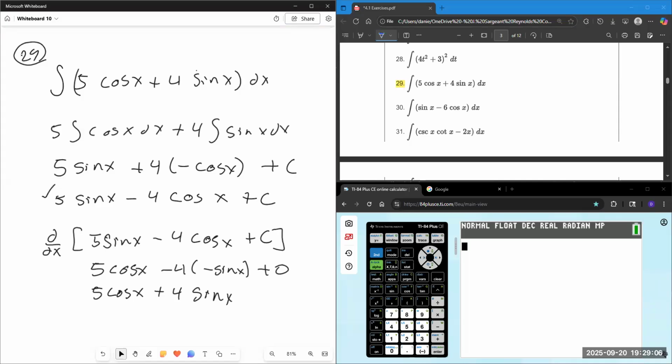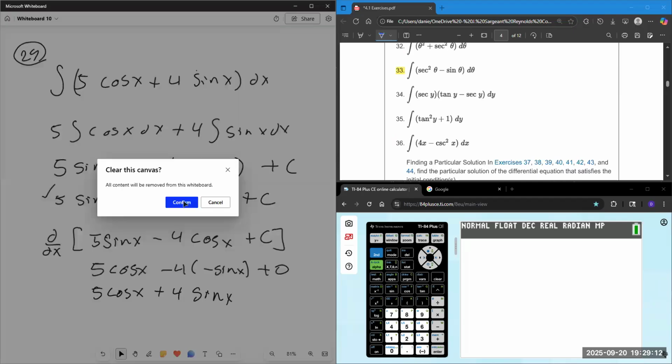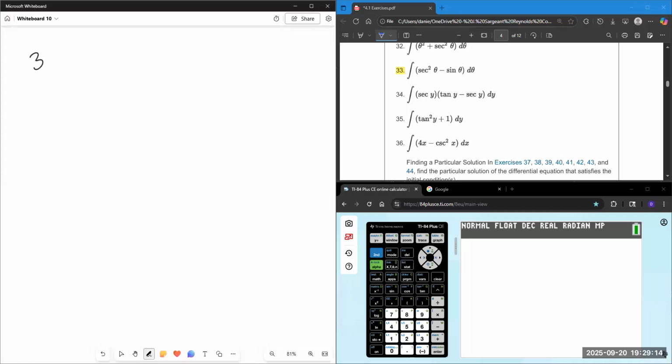Let's look now at number 33. Instructions still haven't changed. 33, the integral of the quantity secant squared theta minus sine theta d theta. Notice that the variable has changed, but our techniques have not changed.